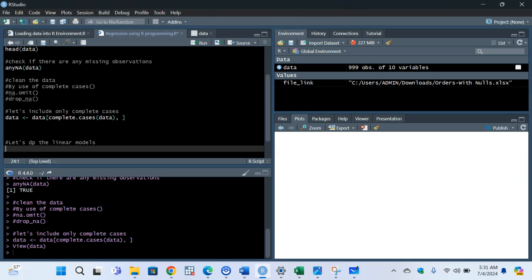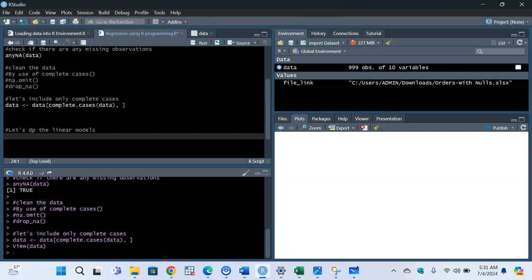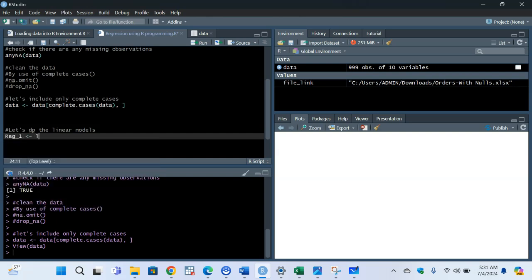So the first thing we need to do is define the model. We can actually start off by doing individual models. We call them regression 1, regression 2, regression 3. So let's do regression 1. How do you define that? That should be profit as the y variable against, let's say, sales.